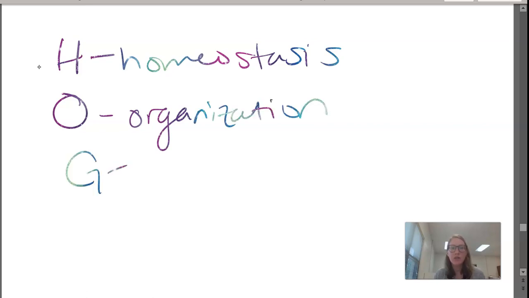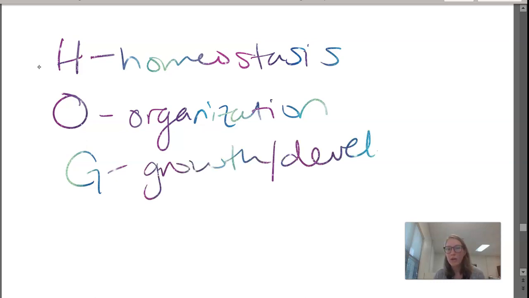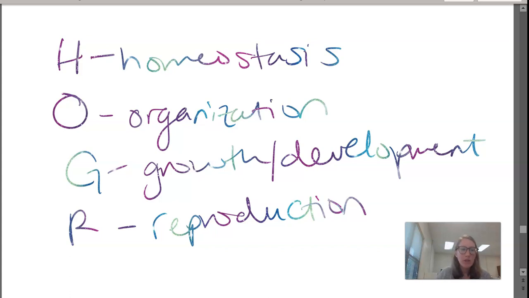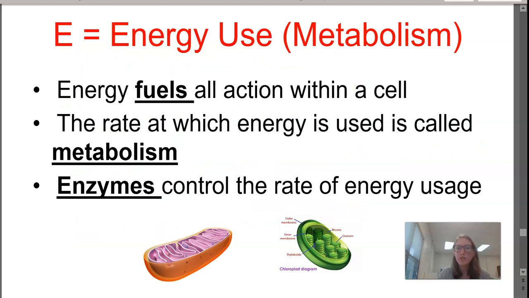We've done G, growth and development. All organisms must grow and develop. And we did the first R, which was reproduction. All organisms must reproduce, either through binary fission, cloning themselves, or sexual reproduction. So now we're getting to our E for Hogrecr.